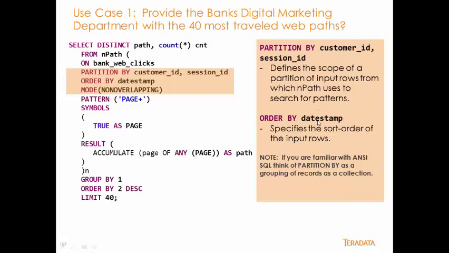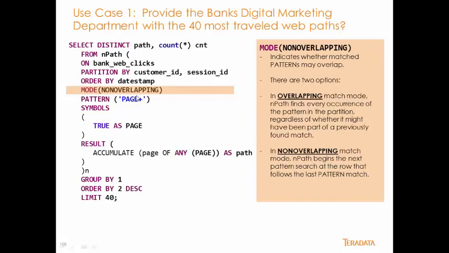The order by date timestamp says for these customer ID and session ID partitions, order the events in them by the date timestamp. So that's important. Think of partition by as a grouping of records in a collection. You can think of this almost like a group by statement.